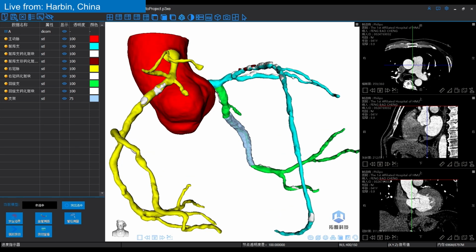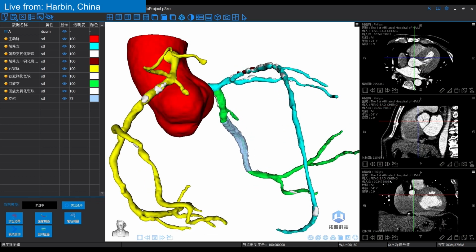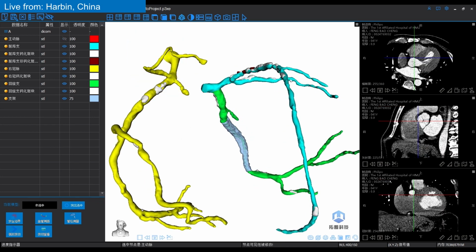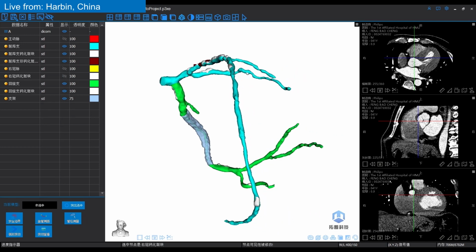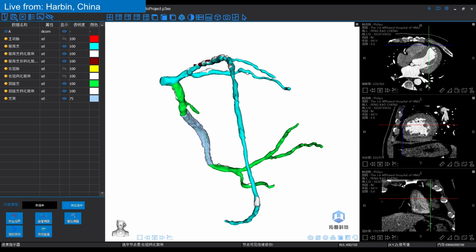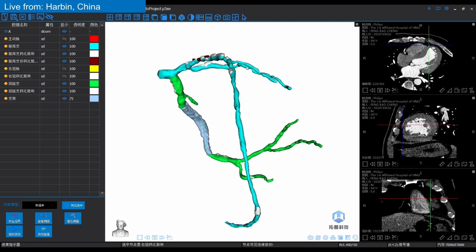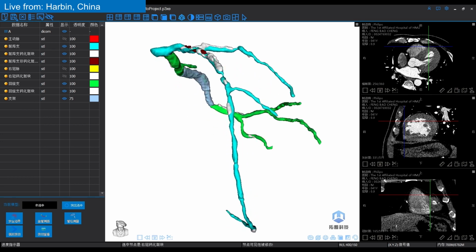The CTA told us the LAD is patent, but we can see this is the reconstruction of the CT imaging. We already did the angiogram, and the LAD is still occluded. So it showed us CTA really has some limitation.